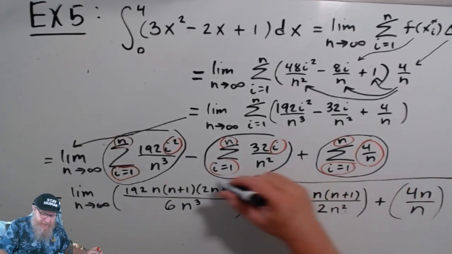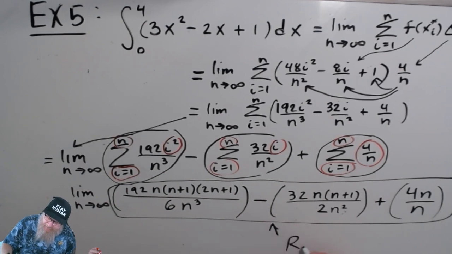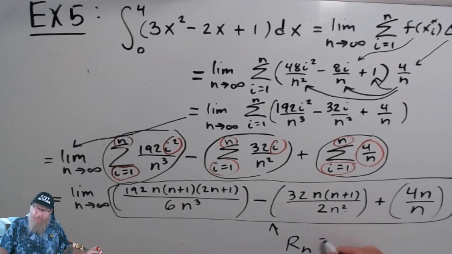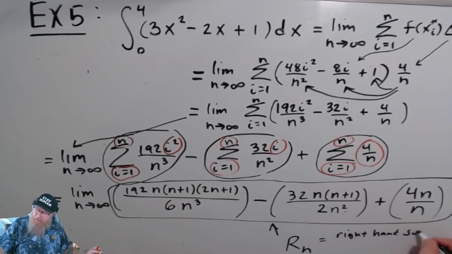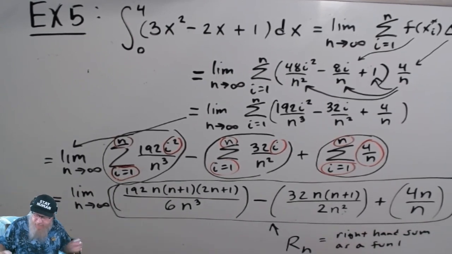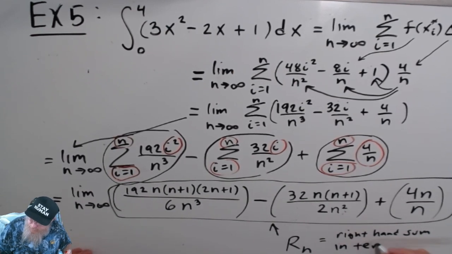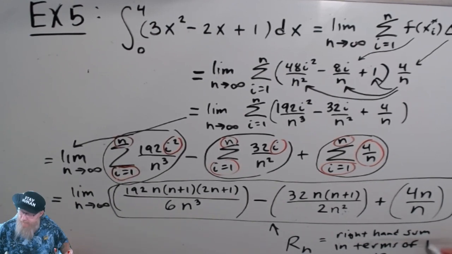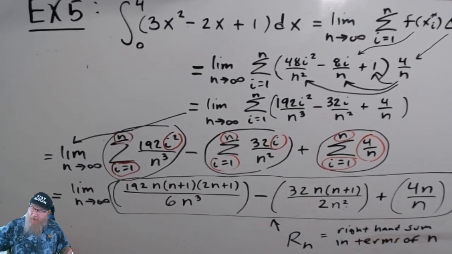All of this has a name, actually. This is called Rn. Yeah, Rn is the right-hand sum as a function of n. Or maybe I'll say in terms of. That's a better way to say it. So Rn is the right-hand sum.